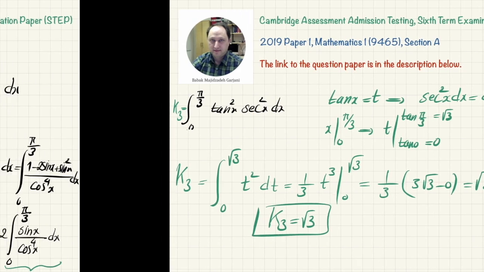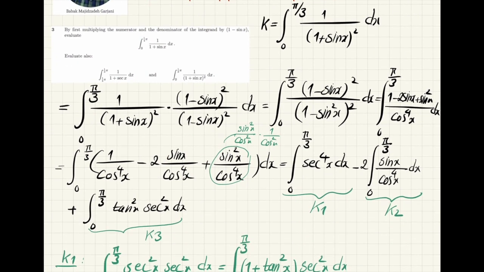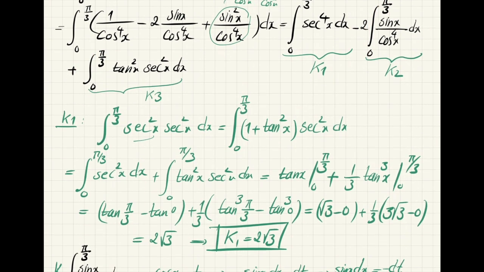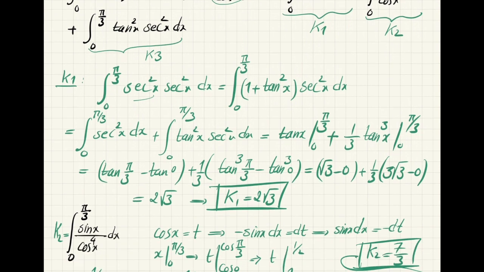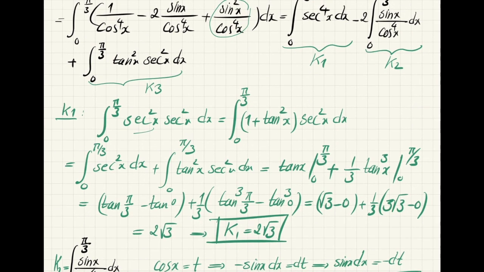Now let us go back and see. If you look here, the integral k that I am looking for is k1 minus 2 times k2 plus k3. So what is k1? K1 is 2 square root of 3, and k2 is 7 over 3, but I have to multiply it by a negative 2, and then I have to add k3 to that.